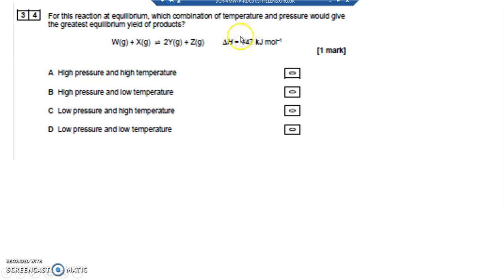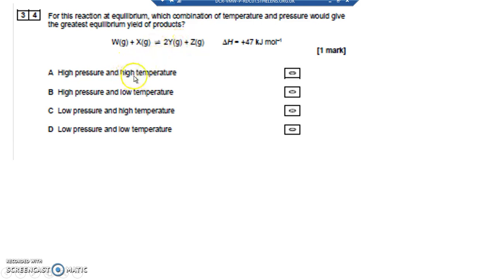It's endothermic, takes in energy. Exothermic is minus, gives out energy. This is endothermic, takes in energy. When W and X make Y and Z, this takes in energy from its surroundings. So if I increase the temperature, to high temperature, by Le Chatelier's principle, the system opposes that change, and it will shift in the direction to try and lower that temperature.